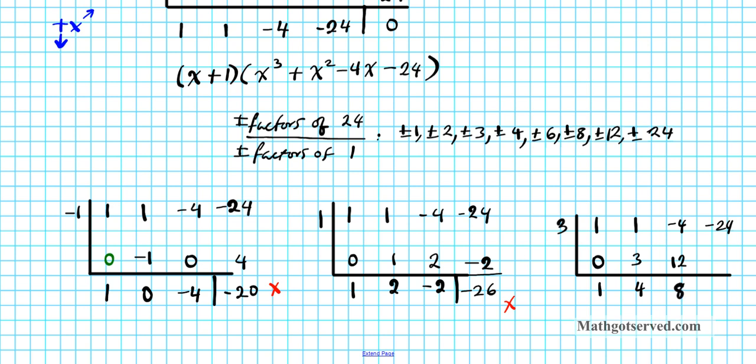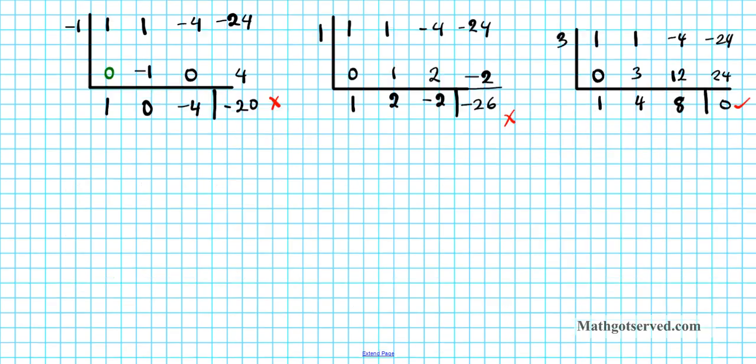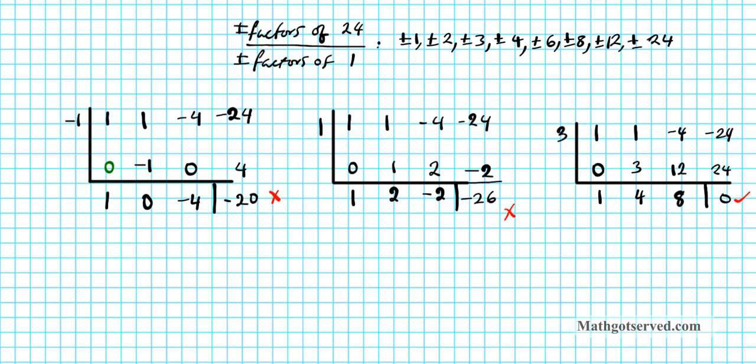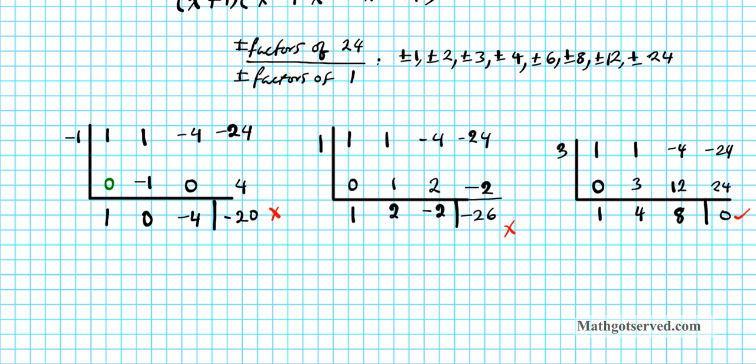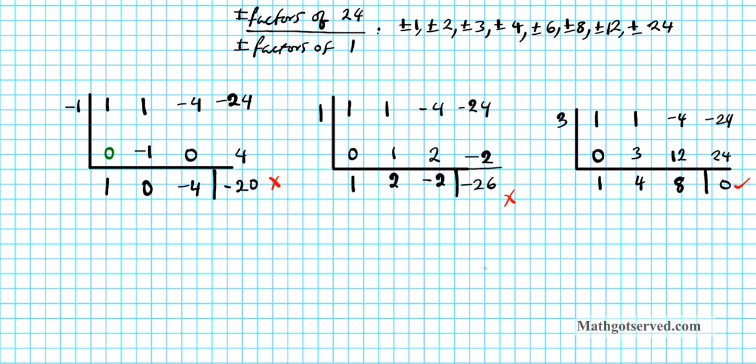Then multiply across, 24. Add down, you get 0. Okay? So you see that this is another factor of the original polynomial. Okay, so let's go ahead and write it down.